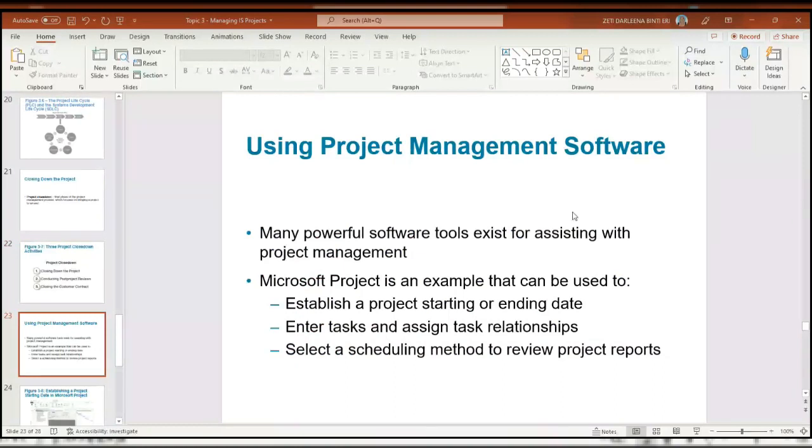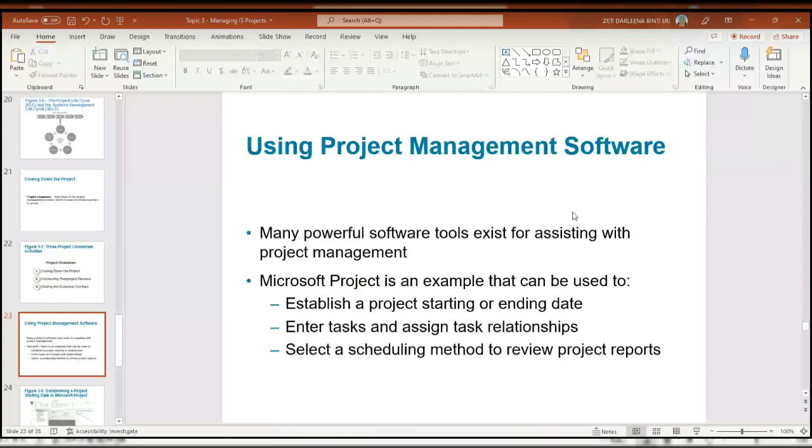Kebanyakan project management software ni sebenarnya ada license dia. Kalau Microsoft Project pun, I think we do have the license, tapi tengok keadaan kita punya classroom macam mana, lab macam mana. Alright, so yang paling common ialah Microsoft Project lah, dan dia ada beberapa lagi sebenarnya. So many powerful software tools exist for assisting project management.